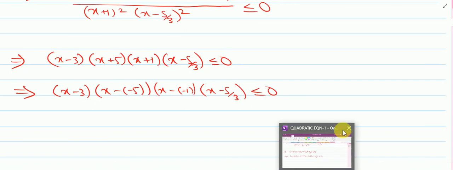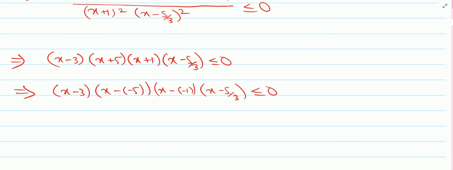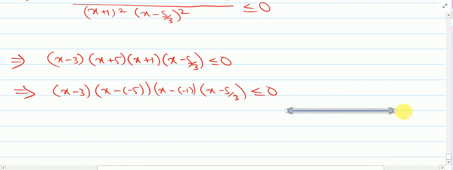Now we will take a number line. So this is the number line. Here now we have to mark these numbers: 3, minus 5, minus 1 and 5 by 3.